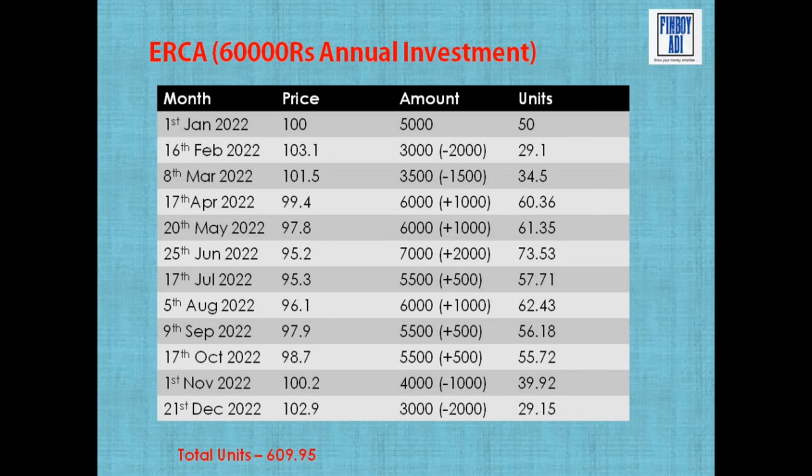You are getting your normal return in your SIP, but if you do this ERCA, it's more like an enhanced SIP, then you are getting 1% or 2% on top of that return. So this will be good, but you have to give a little bit of time to the market. If you want this 1 or 2% more return than whatever you are getting in your normal SIP, then I suggest you give it a little bit more time.